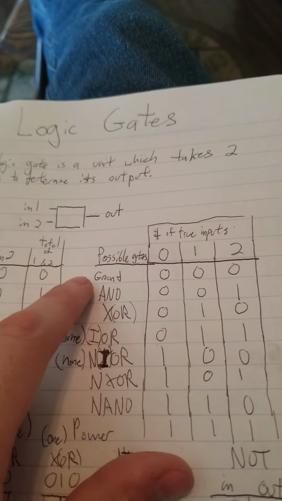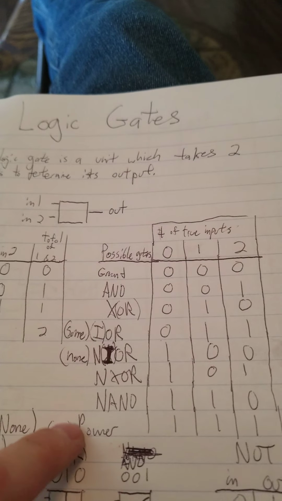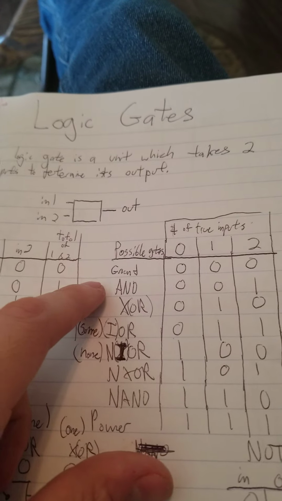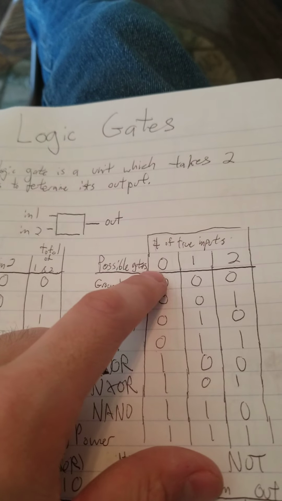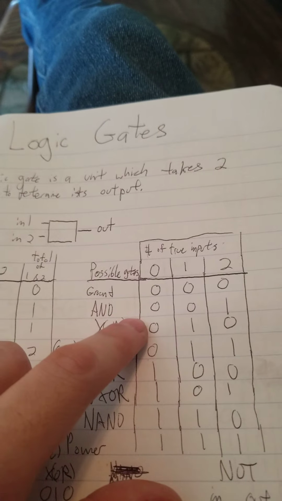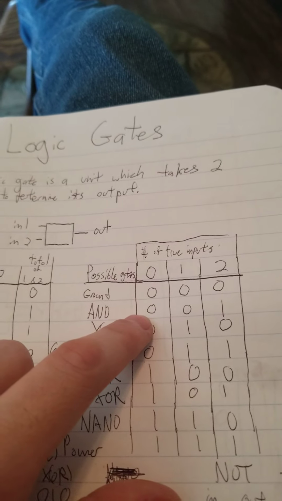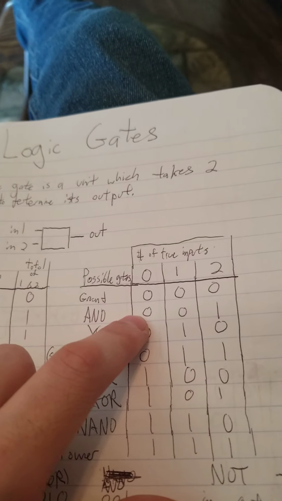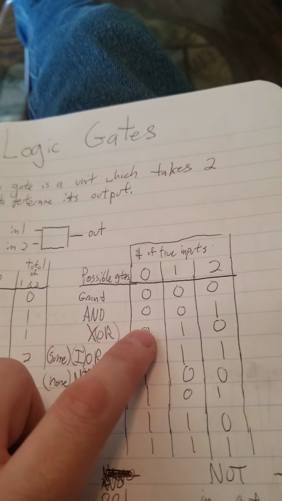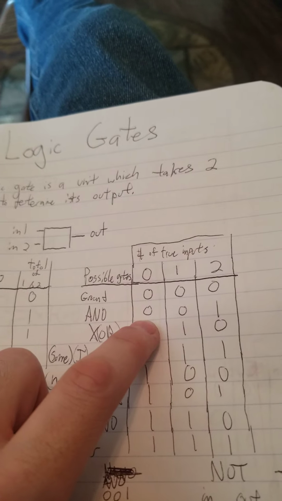So if we made all the possible logic gates, so all the ways that we could determine the output from these given inputs, for example, this AND gate here: when there are zero true inputs, it outputs a zero.